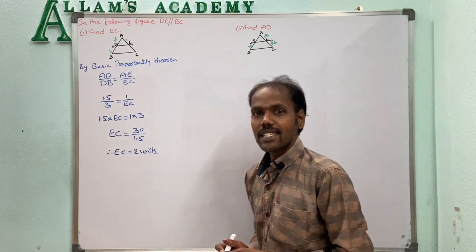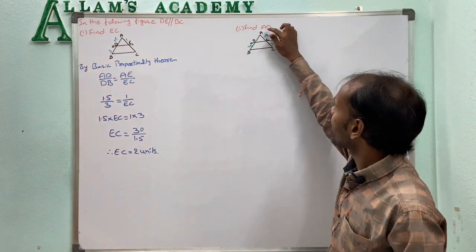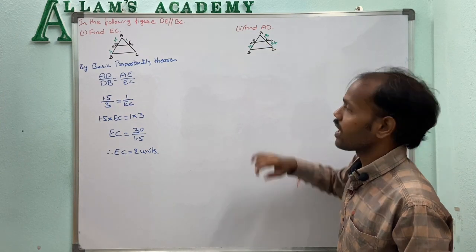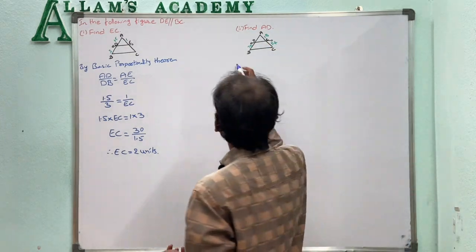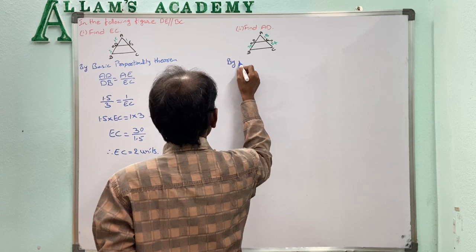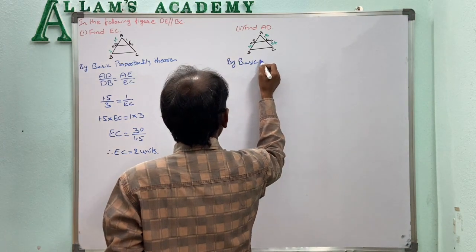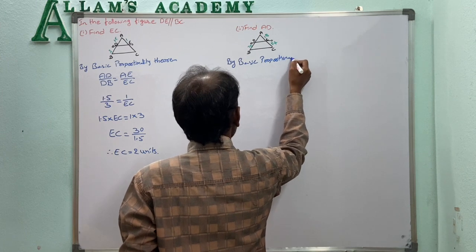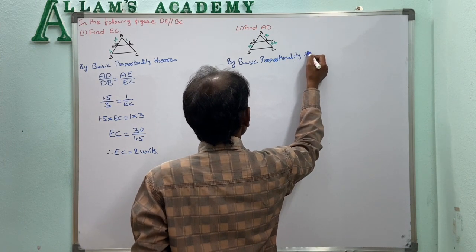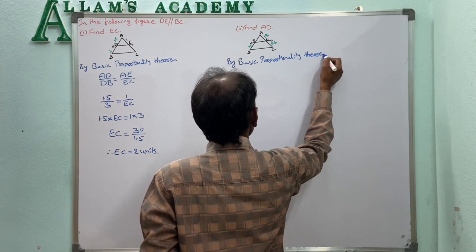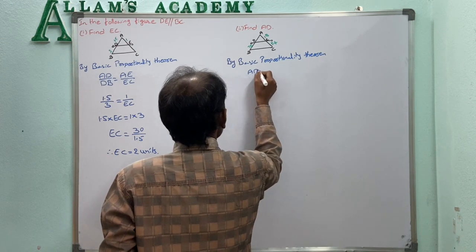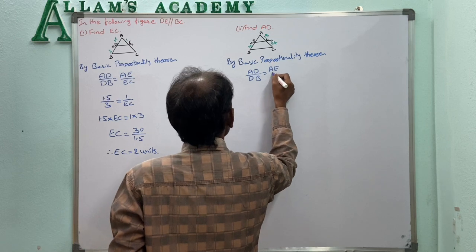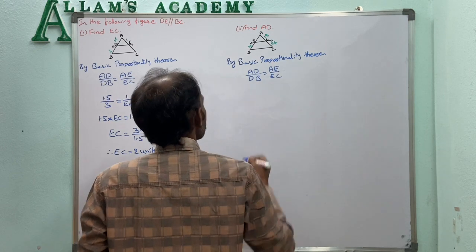Okay. Now in the second figure we have to find AD, and here also DE is given parallel to BC. So here also we apply the basic proportionality theorem. By the basic proportionality theorem we can write that AD by DB is equal to AE by EC.